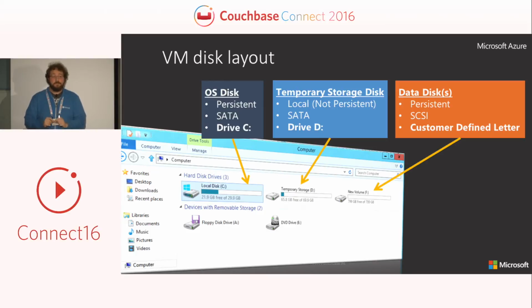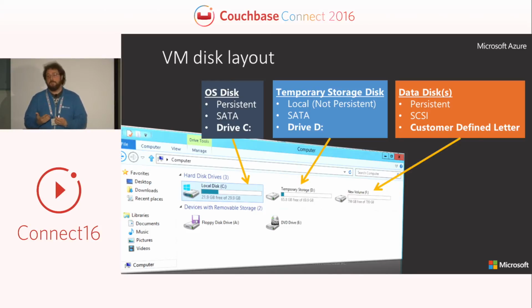This disk is ephemeral. So if, for example, your VM crashes or the physical environment crashes, the rack crashes, for example, and you lose that virtual machine, you're going to lose the content of this temp drive. So just be aware that this disk may be fast.